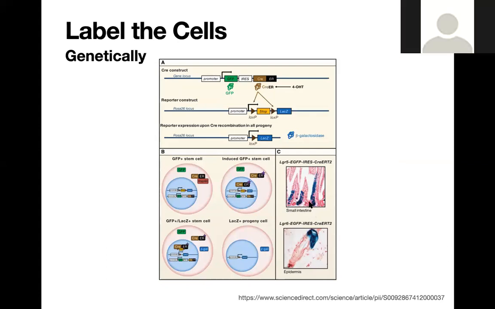So if we were labeling with just an Lgr5 beta-galactosidase, only these cells would be showing blue staining. But we're interested in the progeny of these cells. Where do these cells end up? And so what we're doing is causing a recombination in these cells, and then asking where those cells that had once expressed Lgr5 are going.